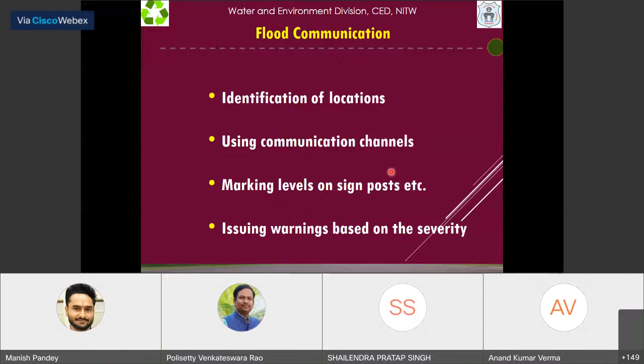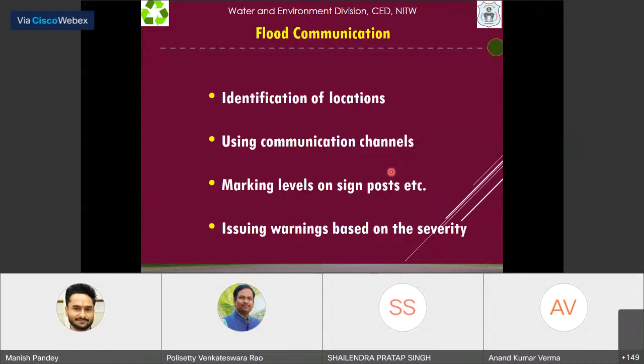And whenever flood happens, it is important to communicate to the affected people to minimize the loss or damage. So there are different modes of flood communication. First we need to identify the locations. So how do we identify these locations?